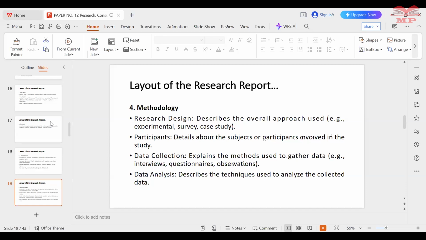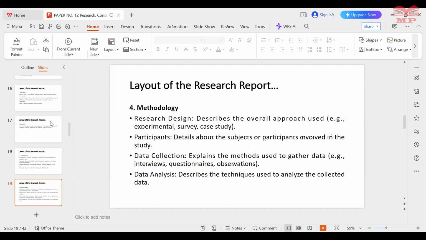And these could be used in combination, as mixed methods, or in isolation, depending on the phenomena that is being looked at. Data analysis describes the techniques used, and how the data is analyzed will be influenced by the kind of study and the kind of research design that is adopted.